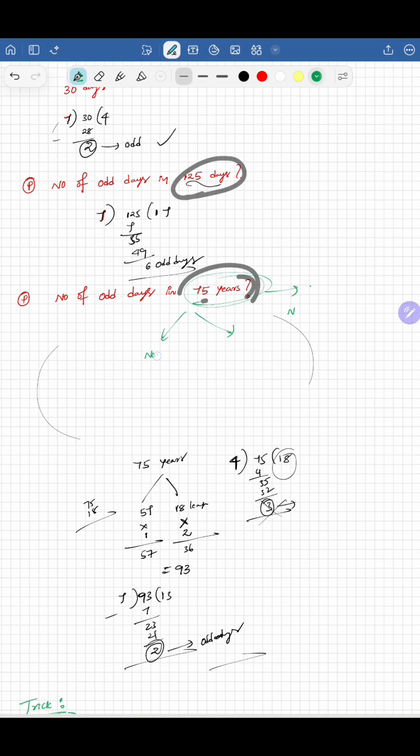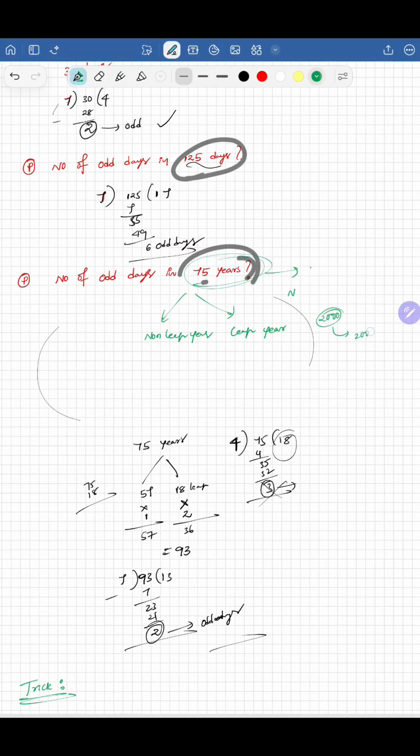Leap year comes in every 4 years. Suppose 2000 is a leap year, again it will come in 2004, again 2008, like that.